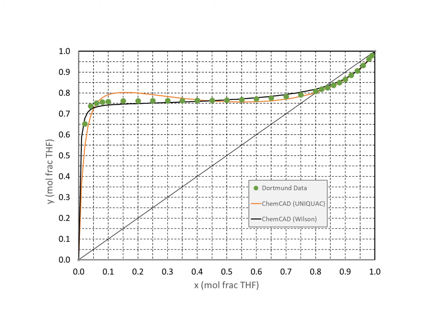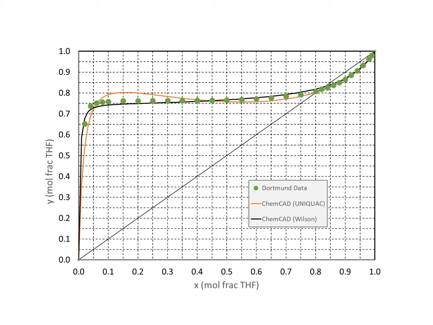These fits of the model are done by the process simulator ChemCAD. In one simulation, I asked it to use the UNIQUAC, which is this orange line, and in the other simulation, I asked it to use the Wilson equation, which is the blue line.